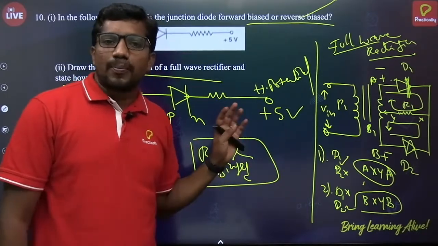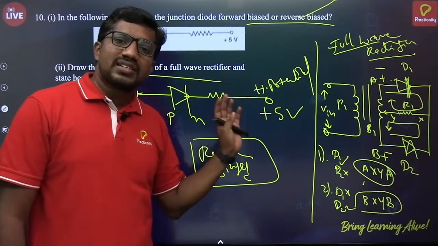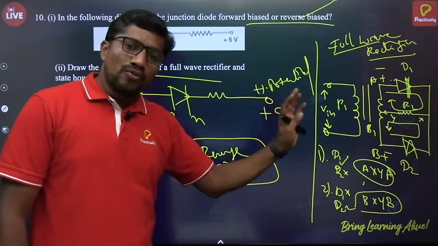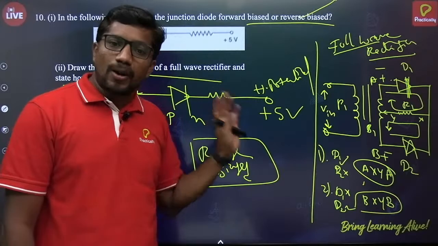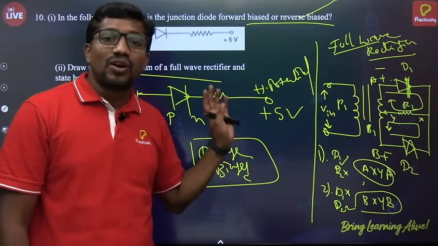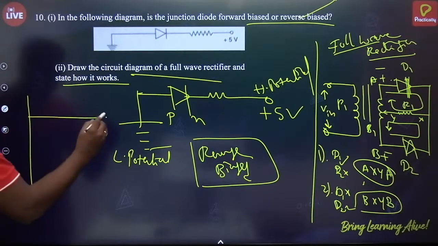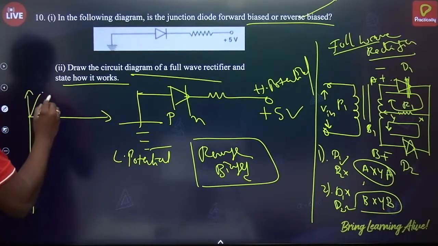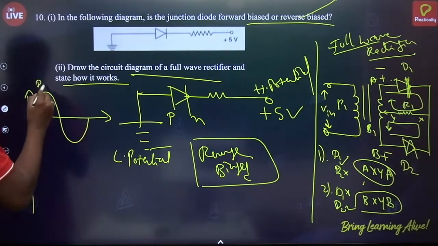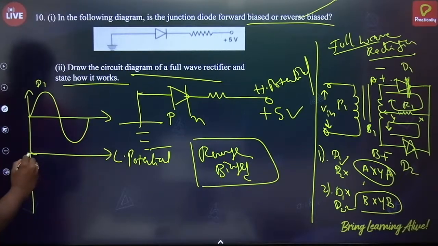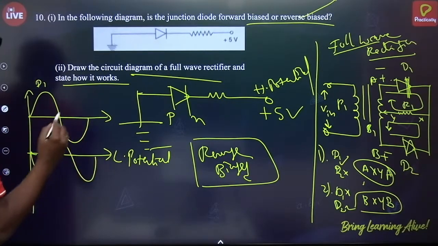As the process goes on, the full AC input will be converted and the full waveform obtained. That's what we call a full wave rectifier. During the first half cycle D1 will conduct, during the next half cycle D2 will conduct.